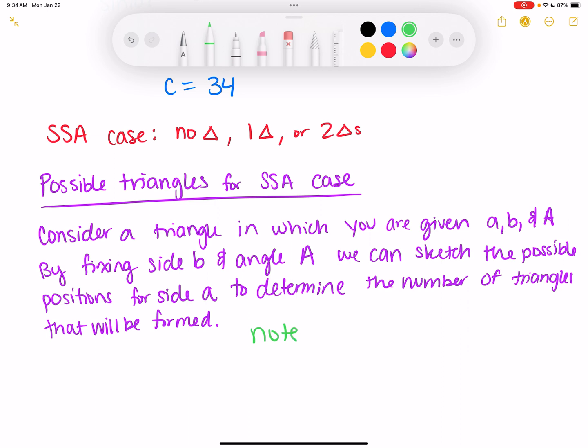Note, there's this formula that you need. H is equal to B sine A. Now, the other thing I'm going to tell you is that you won't always be given side A, side B, and angle A. Okay, they might give you side B, side C, and angle B. Okay, you can be given different pieces of information.